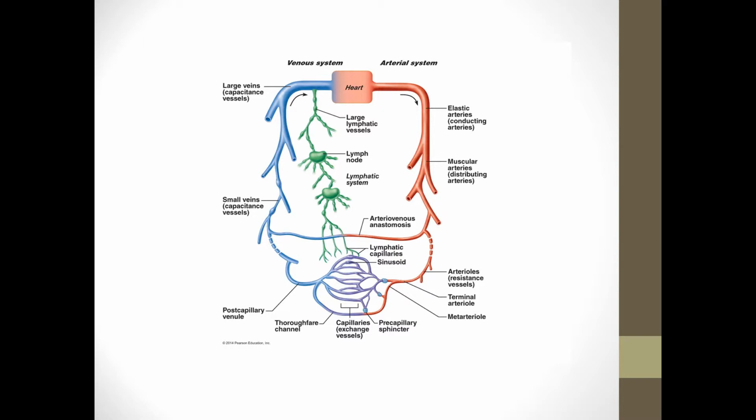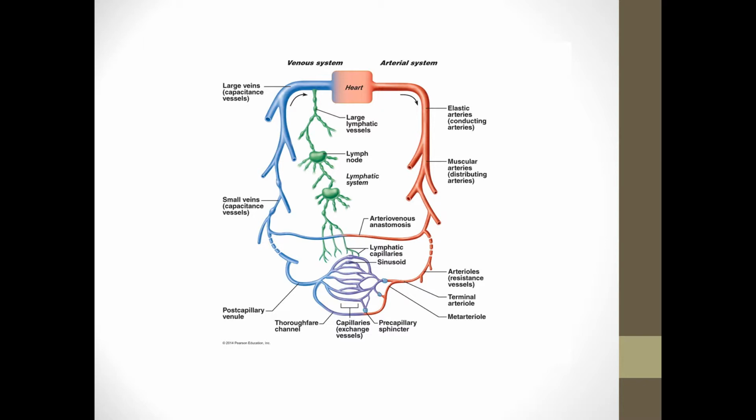And they are muscular because of that thick smooth muscle layer that they have. It helps maintain the flow of blood by maintaining adequate blood pressure. And so this is where we see a lot of the vasoconstriction and vasodilation going on that we mentioned before with sympathetic stimulation. Then we go down to the arterioles. We call these arterioles resistance vessels. They are almost always constricted.